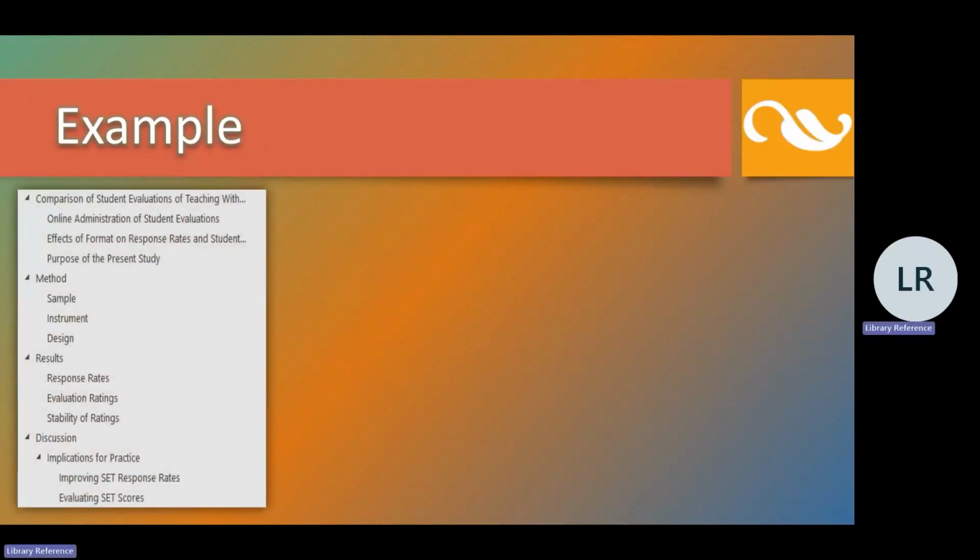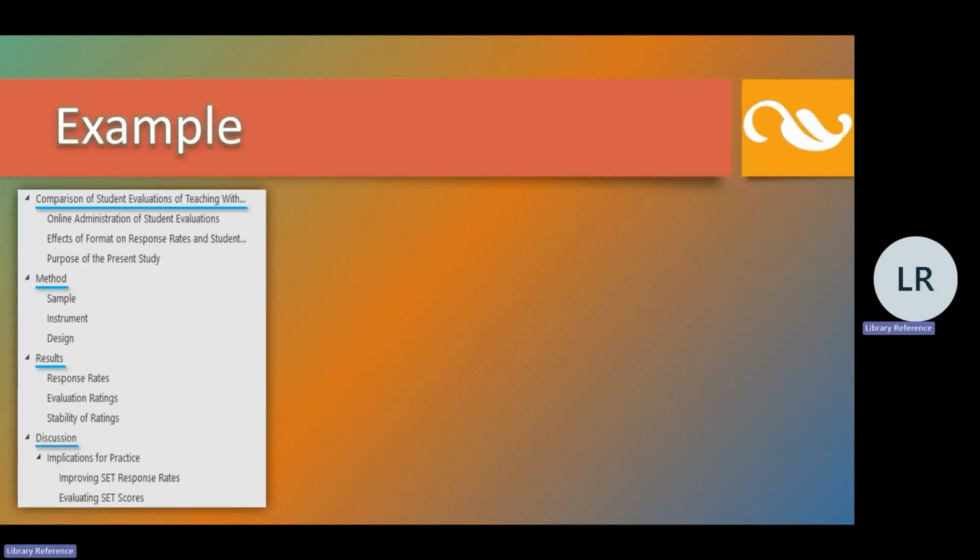What I have here on the left of the screen is the outline of a paper. This outline has 4 basic parts: comparison of student evaluations of teaching, method, results, and discussion.